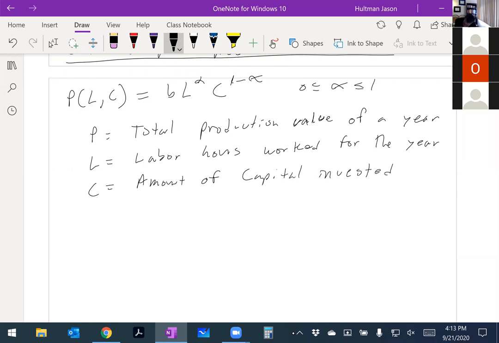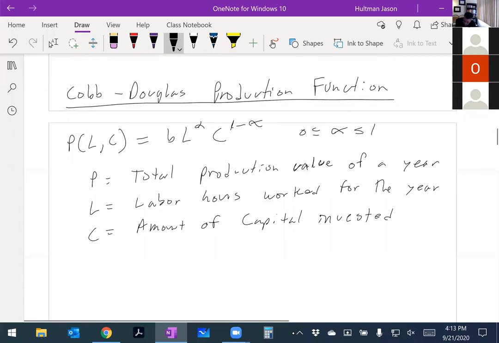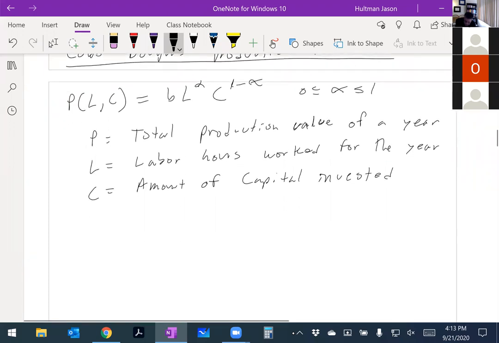The exponents have kind of an inverse relationship. But if you invest more capital, you're going to make more money. If you have more labor, you're going to make more money, more total output of production. And this is called the Cobb-Douglas production function.